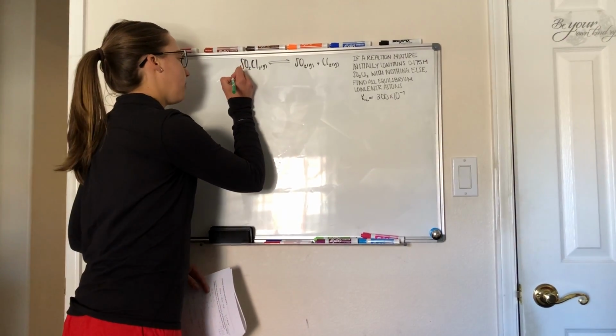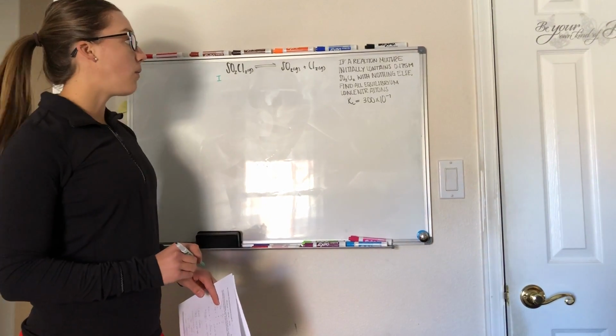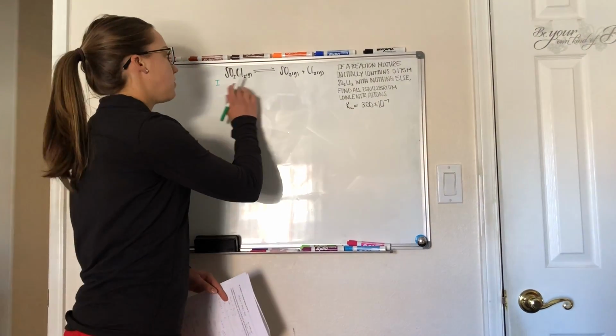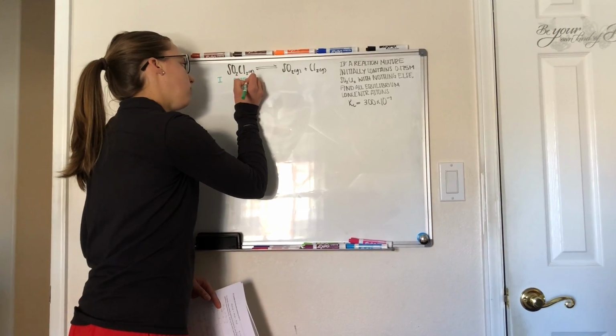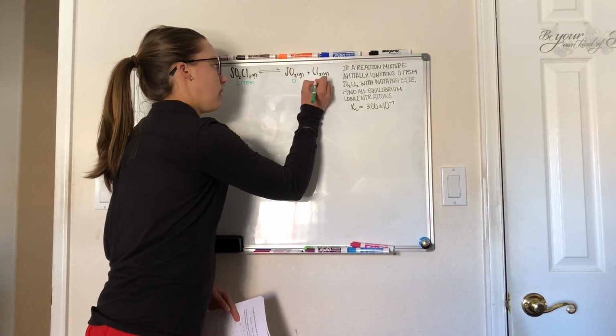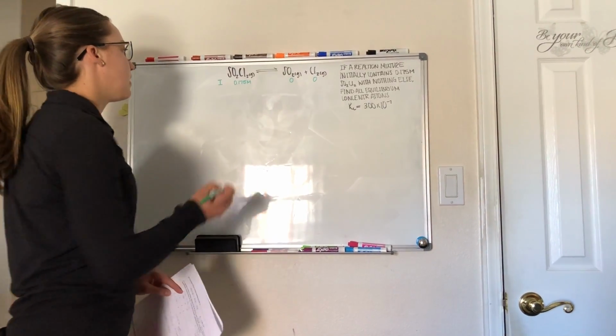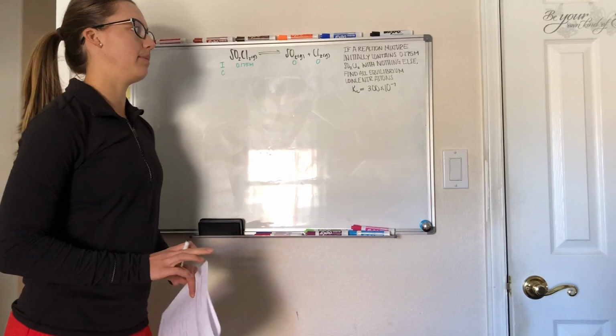So first we need to talk about the initial concentrations of the species that we're starting with. In the question we know that SO2Cl2 starts with 0.175 molar. And there's nothing else in our reaction vessel, so these are going to be 0. Now we need to determine the change that happens as this system shifts to equilibrium.